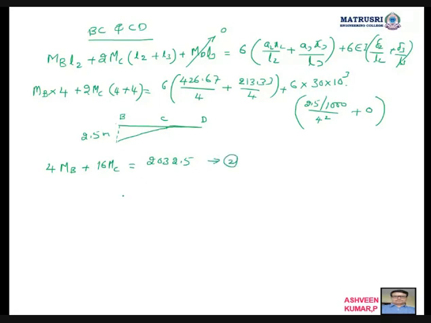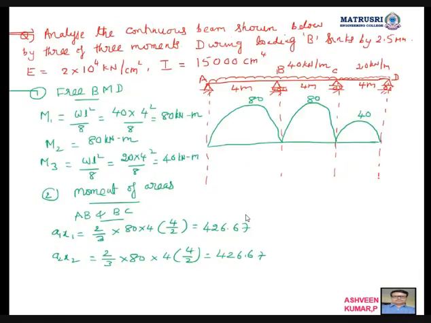Solving 1 and 2, you will get MB is equal to 36.46 kilonewton meter. Then MC is equal to 117.92 kilonewton meter. If I draw the shear force bending moment diagram, 36 I will take it, 117 I will take it.